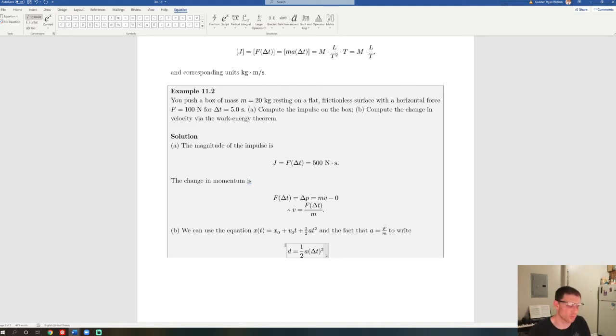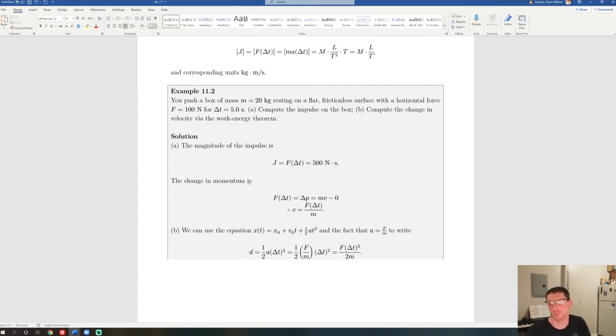So we substitute for a, right? We just mentioned that the acceleration is the force over the mass, and delta t squared just stays what it is. We know what delta t is from the problem statement. And so we'll clean this up a little bit, and we find that this is F delta t squared over 2m, okay? So that's cool.